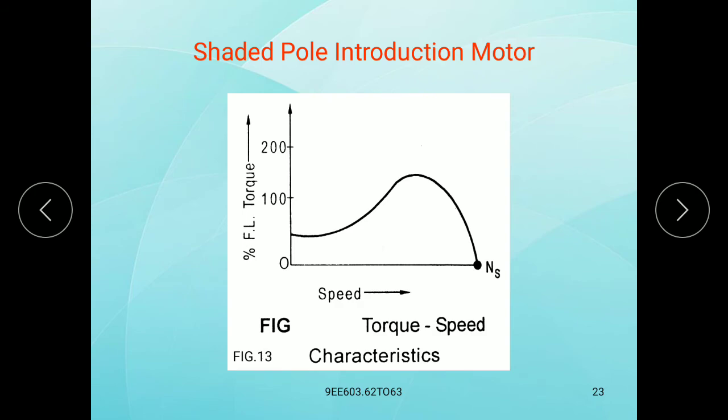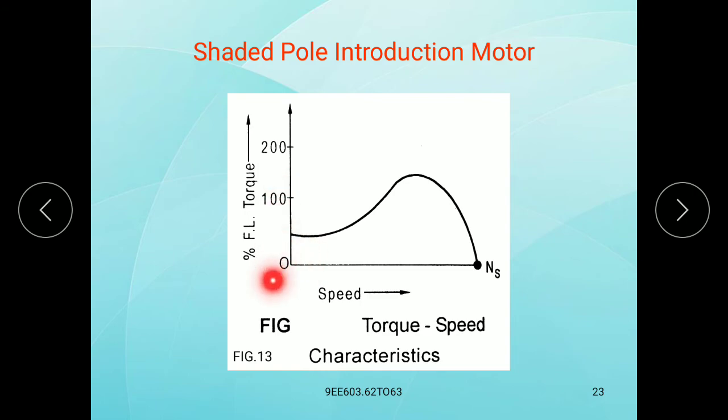Here are the torque-speed characteristics of the shaded pole induction motor, with speed from 0 to 100%. The starting torque is in between.